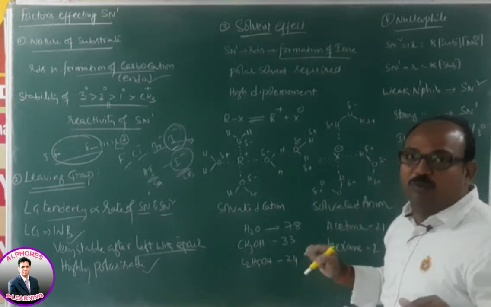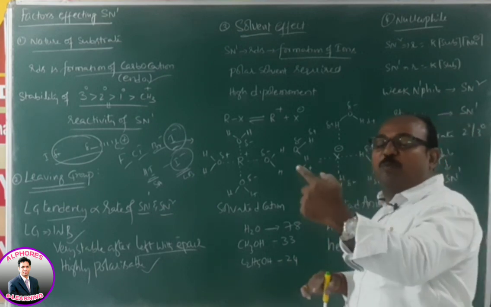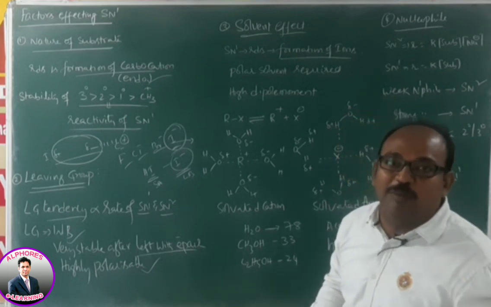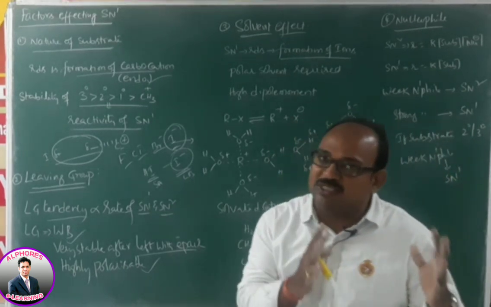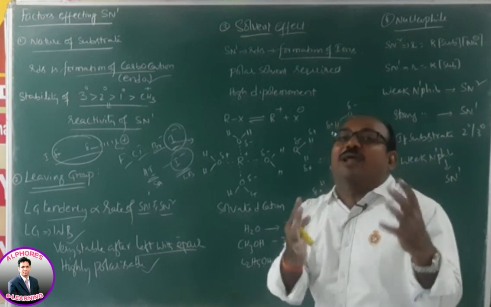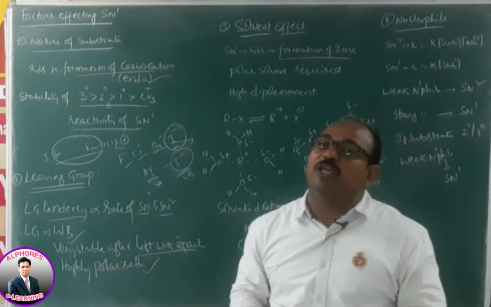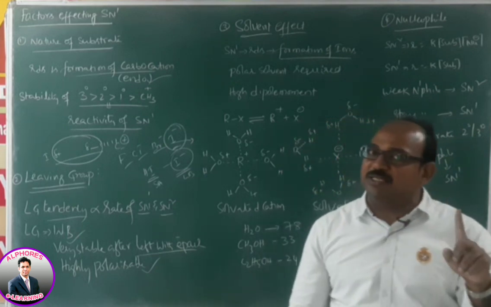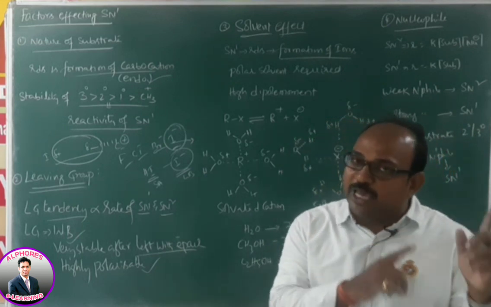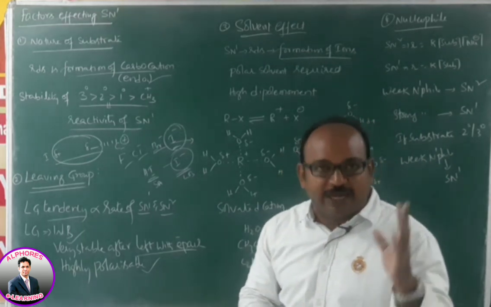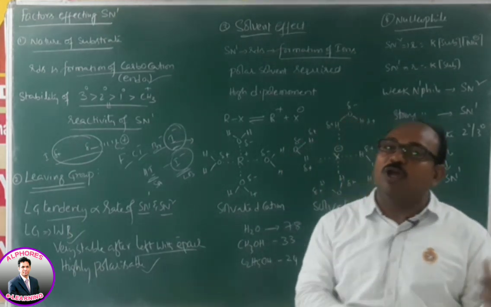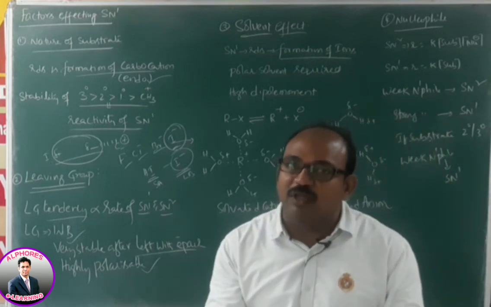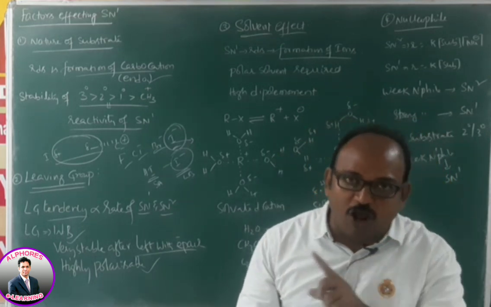We need both, because in the case of polar aprotic solvents like ethers, DMF (dimethyl formamide) and dimethyl sulfoxide, we already learned that the solvent molecules solvate only one type of ion, the cation. So polar aprotic solvents like DMF, DMSO and ethers can solvate only cations but not anions.